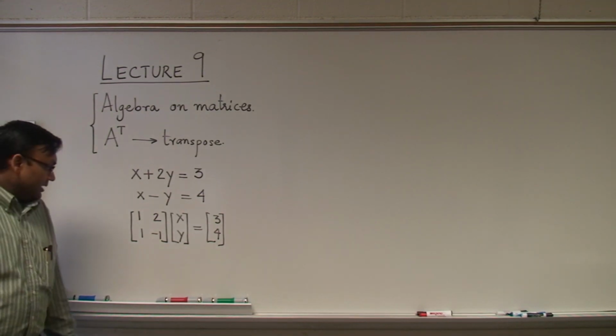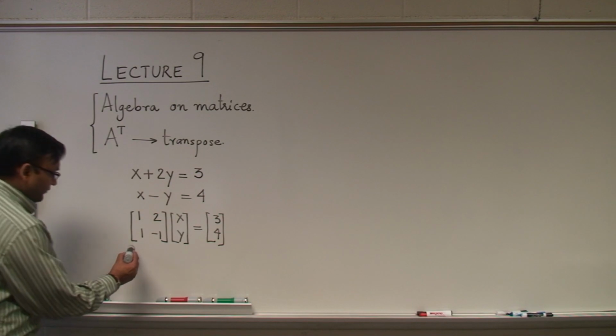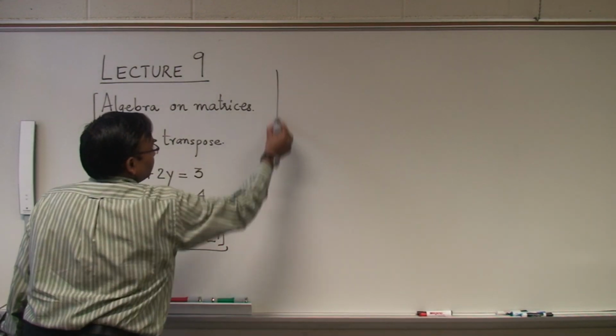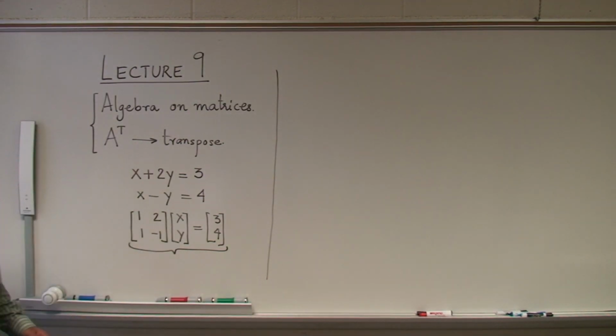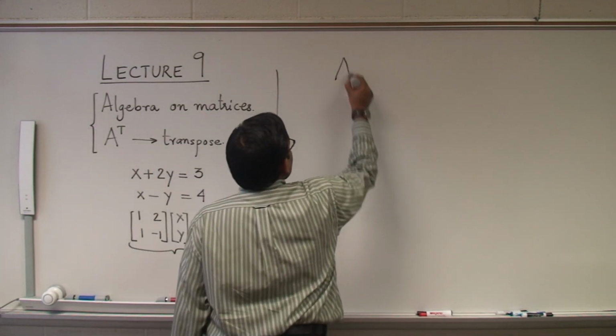Okay. The reason for using this notation is it's very useful in helping us use things which we are familiar with, and that can help us do more algebra on matrices. So for example, this matrix over here that I have written, we will call that the coefficient matrix.